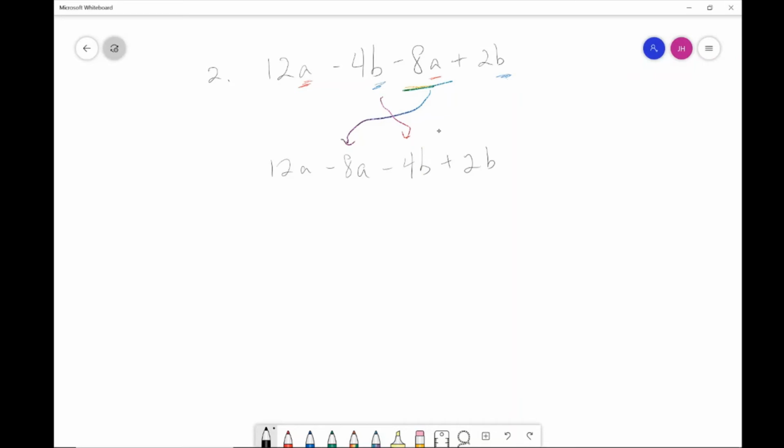Now 12a minus 8a, that will be 4a because I'm only subtracting the coefficient. What's next is that I have another operation that deals with the variable b. In this case, I'm looking at negative 4b plus 2b. So negative 4 plus 2, if you want, you can go back to the notes on integers. But this will become negative 2, or minus 2b in this case.